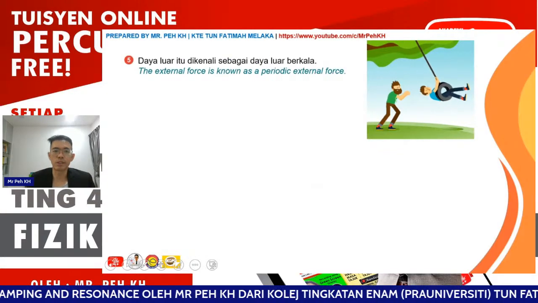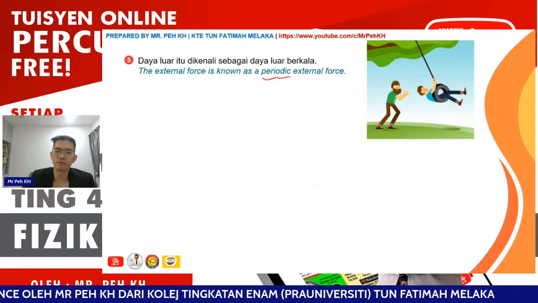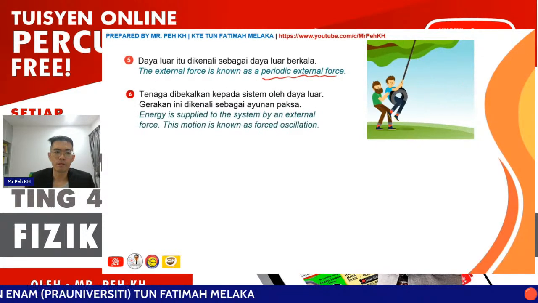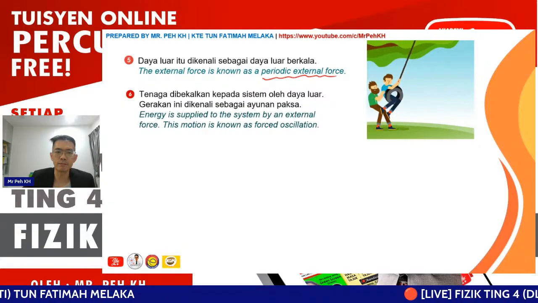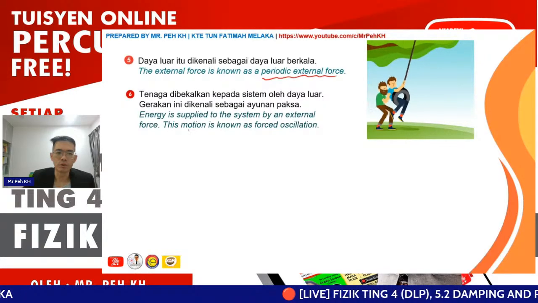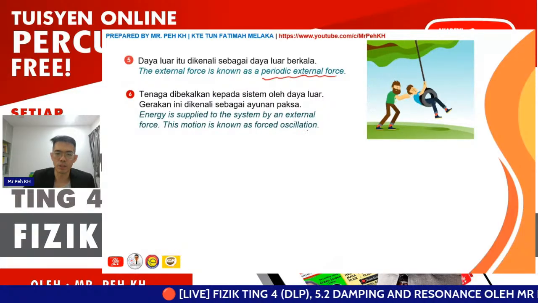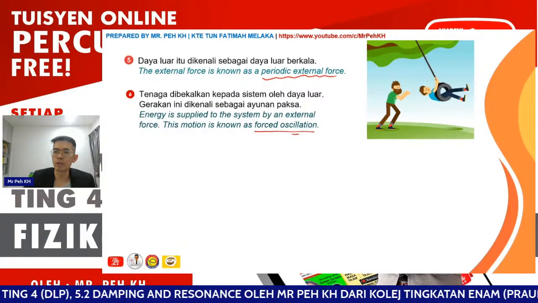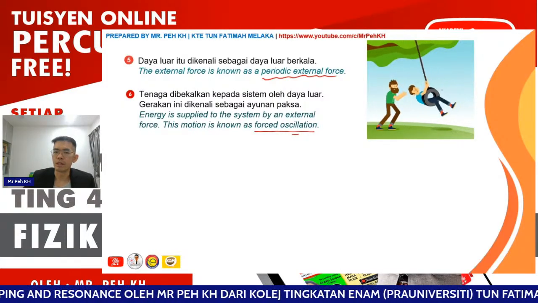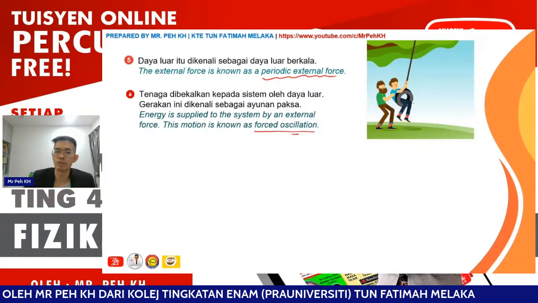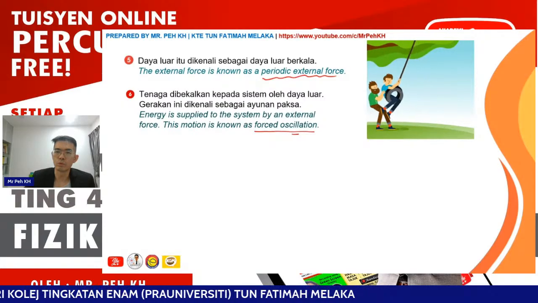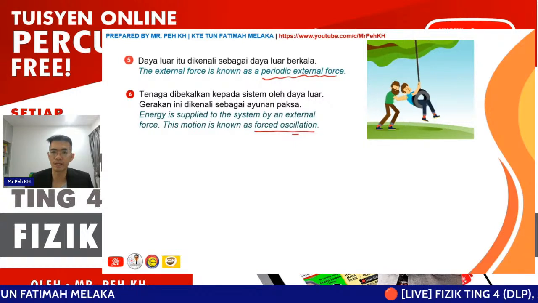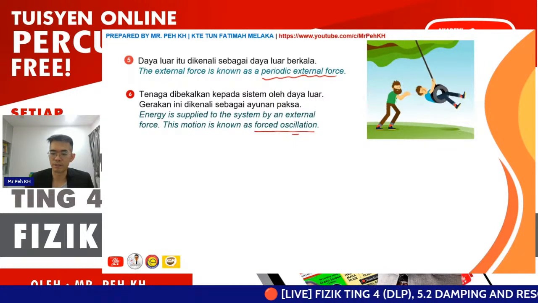Okay, the external force we can know as a periodic external force. So these are our terms for the external force. Energy is supplied to the system by an external force. This motion is known as forced oscillation. So the forced oscillation here refers to the swing, where the motion continues to swing with larger amplitude caused by the periodic external force driven by his father.